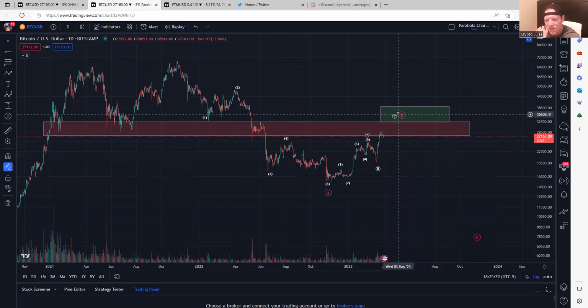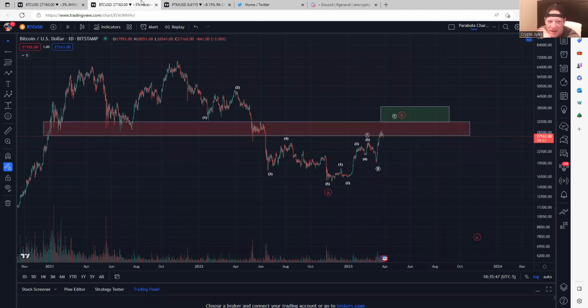Even if we start to reject from here, I'm still going to lean bullish until proven otherwise. Just because if we break above this resistance level here, I mean, there's a lot of sell pressure here, and this is a huge zone to flip.